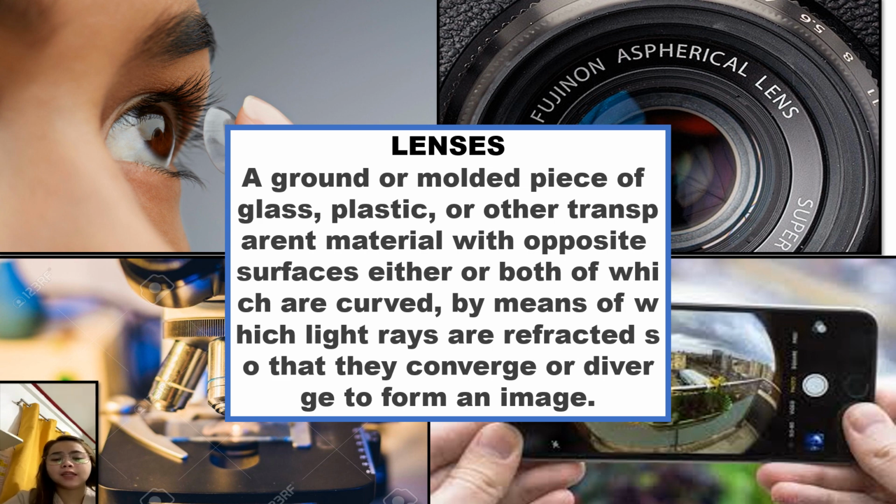When we talk about lenses, a lens is a ground or molded piece of glass, plastic, or other transparent material with opposite surfaces, either or both of which are curved, by means of which light rays are refracted so that they converge or diverge to form an image.